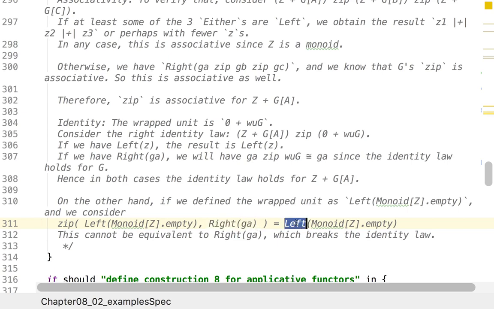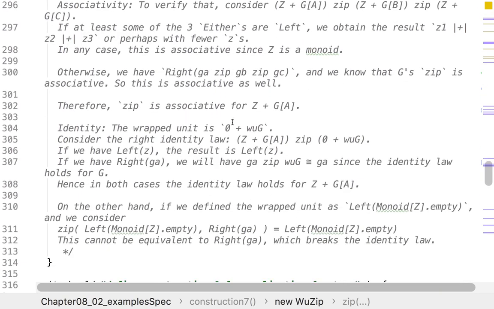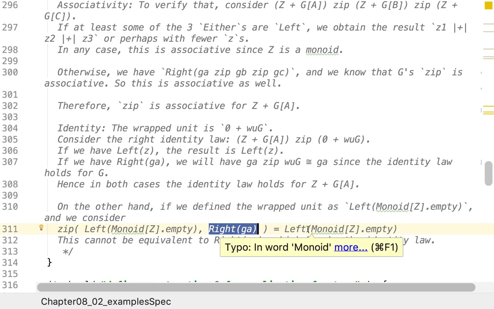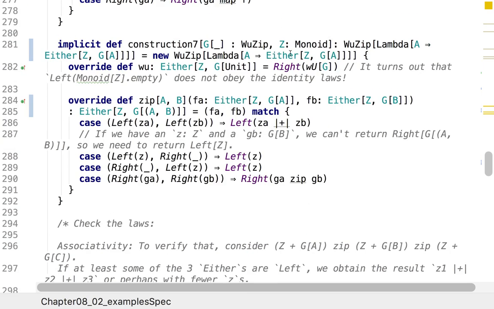And the result must be on the left, because anything that has at least one of them on the left returns a left. And therefore, it cannot possibly be equivalent to a right of GA, because whatever you compute is going to be left of something, and it's not going to be right of GA. So that breaks the identity law. So in this way, we find that this is the only correct definition for the wrapped unit.